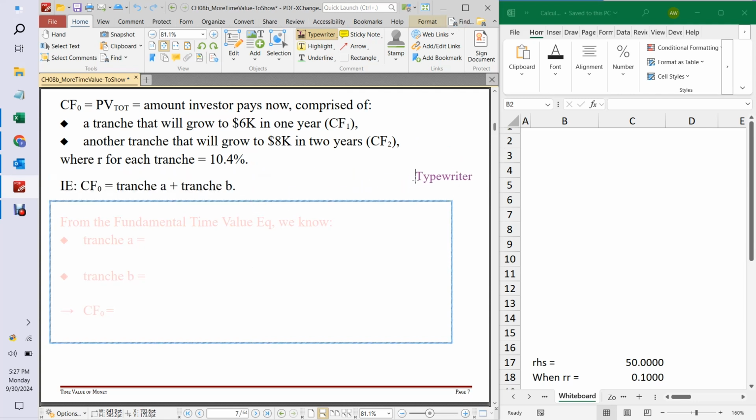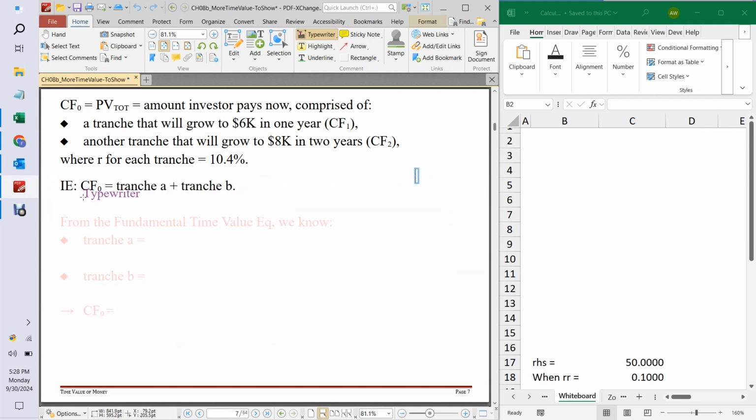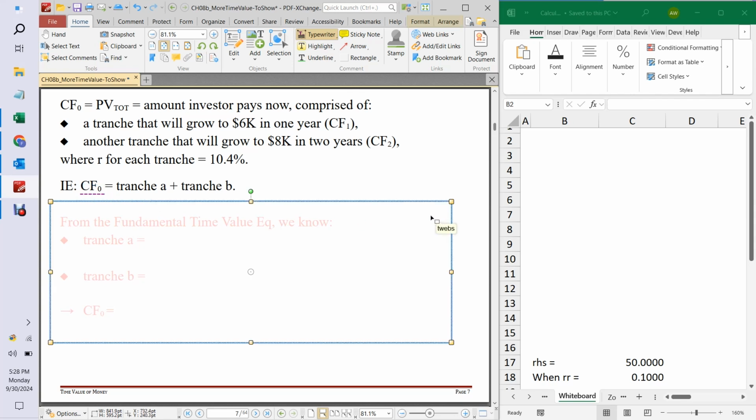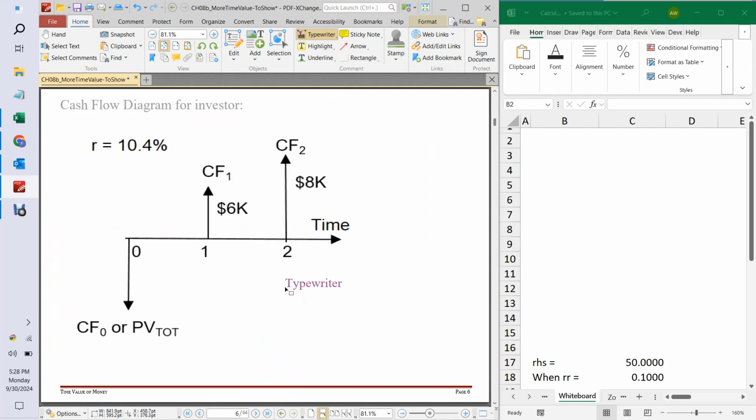So then her total amount, CF0 or PV tot, is going to be equal to tranche A plus tranche B, or blob A plus blob B. So let's go back one page before we continue too much here and write in on the cash flow diagram the way that this is working.